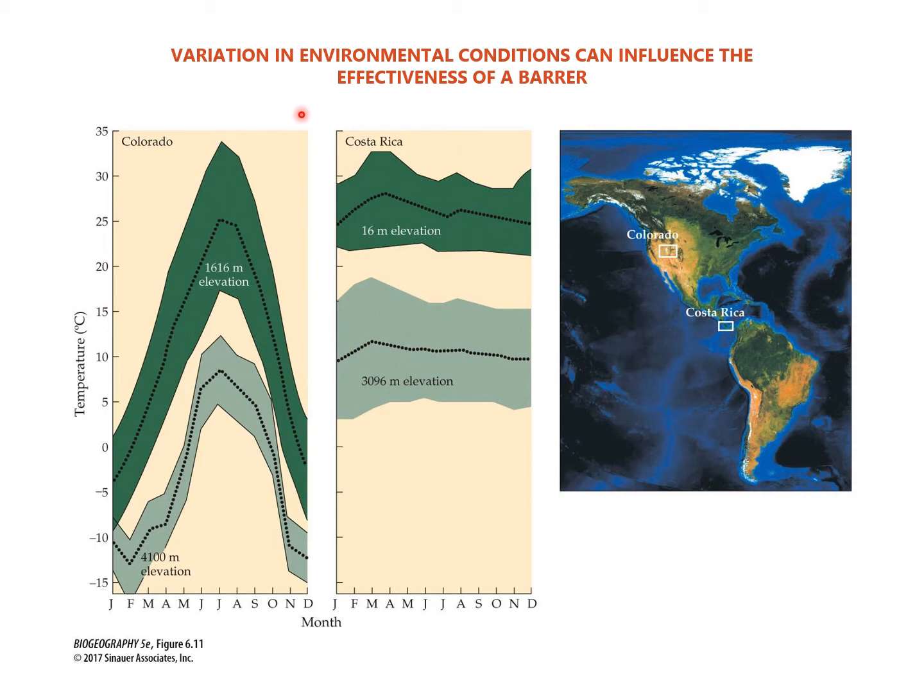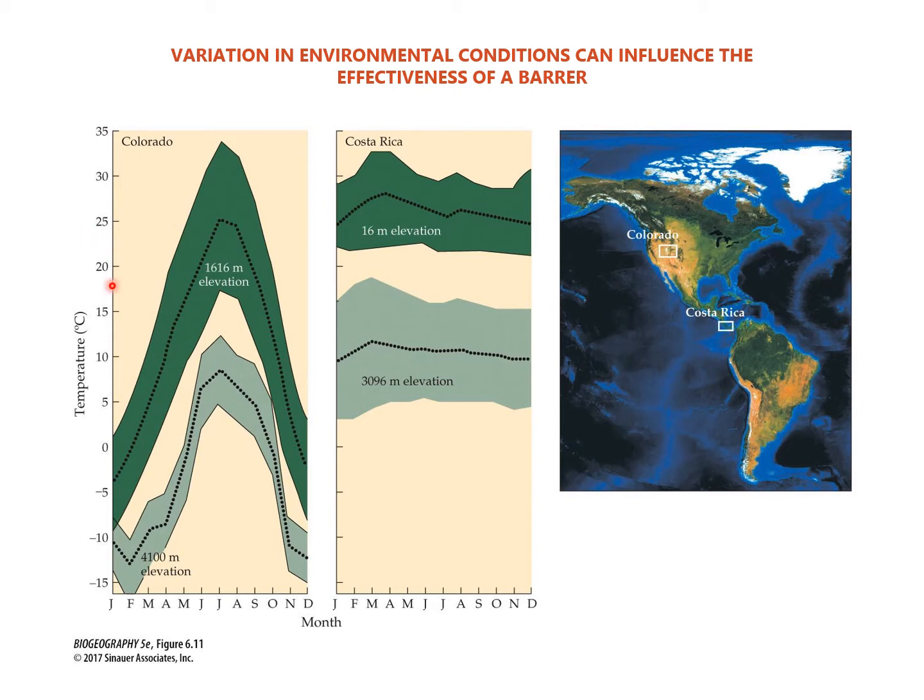And so if we look at two examples of mountain ranges, one in Colorado, one in Costa Rica. Costa Rica is in a tropical latitude, and Colorado is more of a temperate environment. There's a lot more variation in Colorado than there is in Costa Rica. Costa Rica is pretty much high temperatures and high precipitation most of the time.